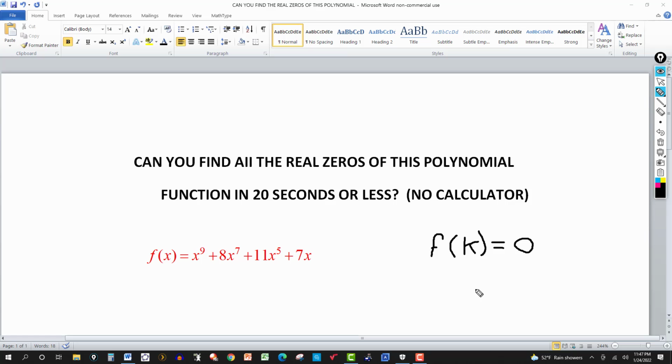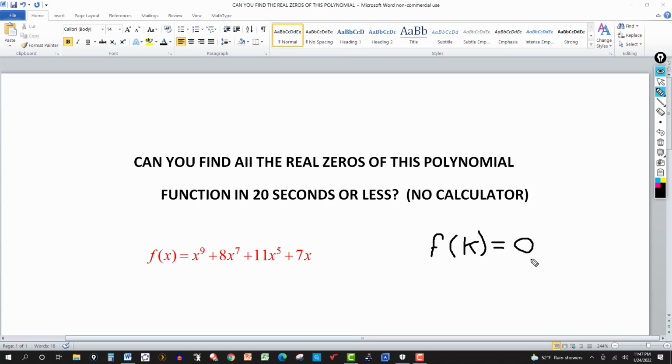If you were to graph the function, and the graph crosses the x-axis, at the points where it crosses the x-axis, you're going to get the zeros.